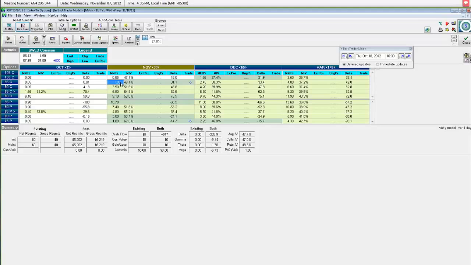But let's suffice it to say right now that if you pay $1.85 for a November option, a 95 call, you get to own that stock at $95 a share anytime between now and expiration.